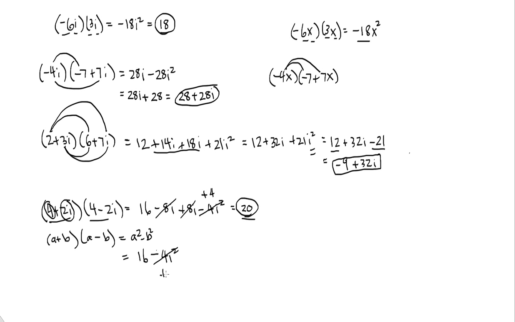This becomes plus 4 because it's an i squared, 20. It really doesn't matter whether you do this by FOILing or difference of squares. All the difference of squares saves you is a little bit of time in ignoring those middle two terms that cancel each other out. But that's what we've got to say about multiplying complex numbers.